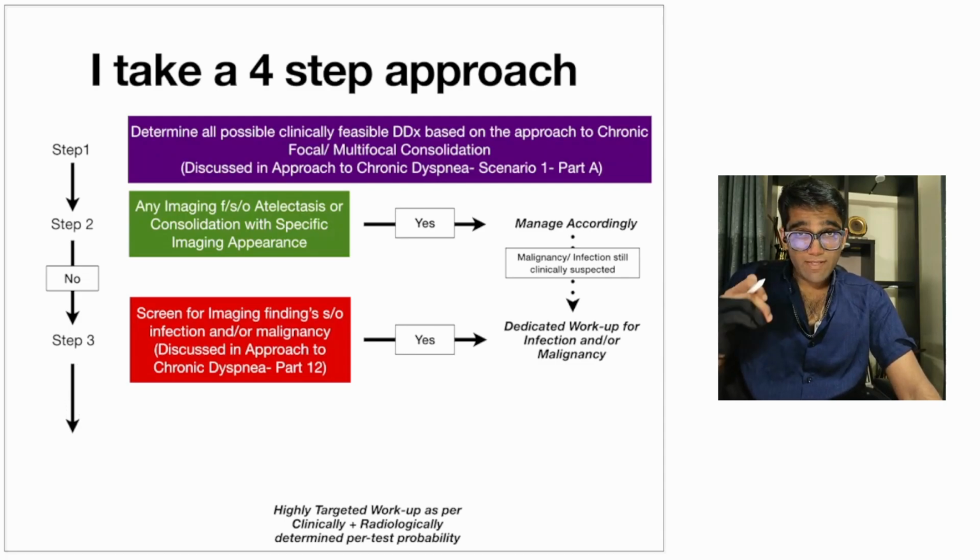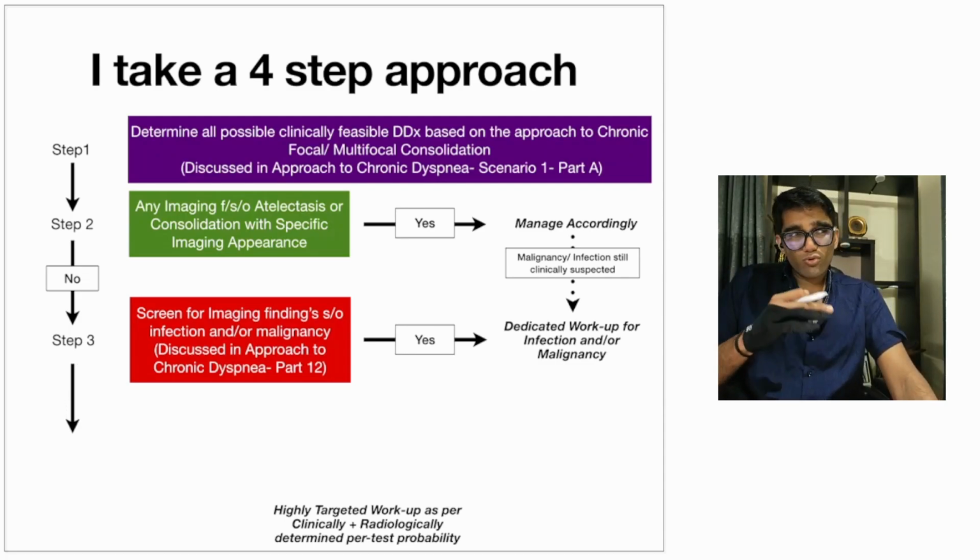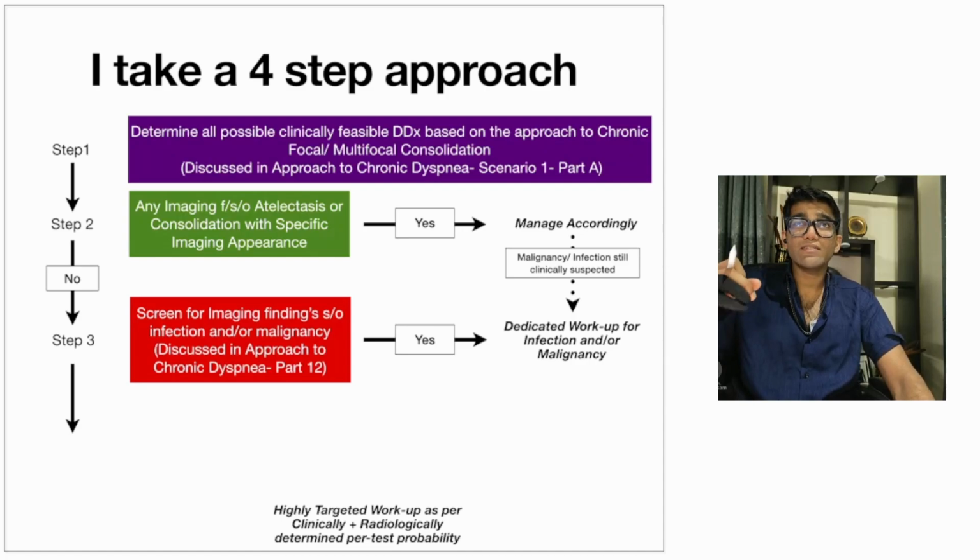Again, if there are no features suggestive of atelectasis, and you don't primarily think that this clinical picture, as well as the imaging, is compatible with a diagnosis of an infection or a malignancy, or alternatively, you have considered an infection and treated the patient empirically with antibiotics, and still there are findings that are apparently not resolving, you would then consider the next step.